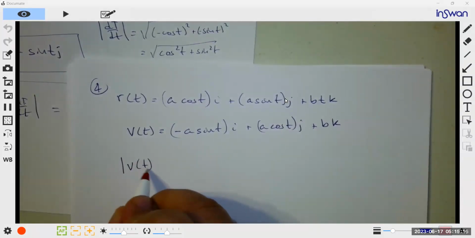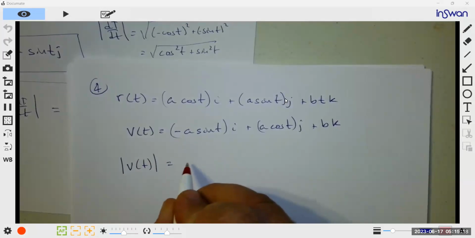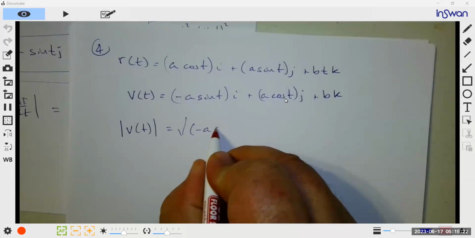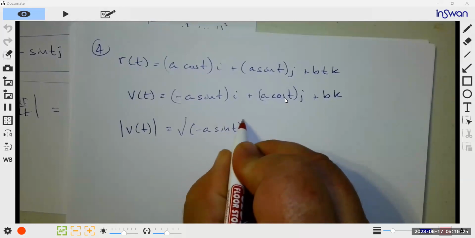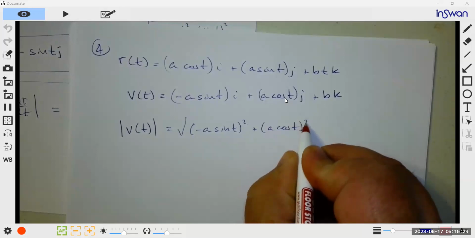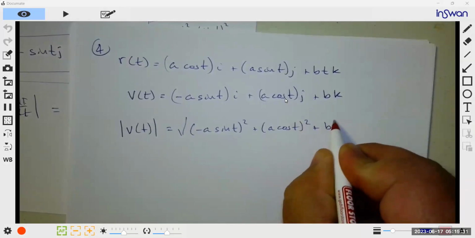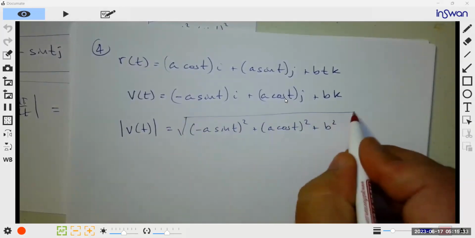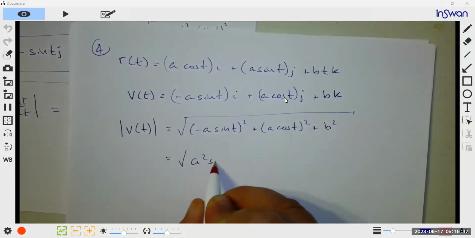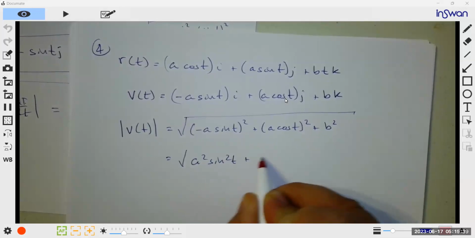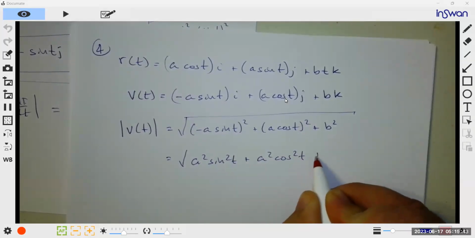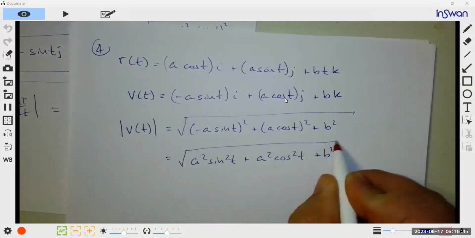The magnitude of v is the square root of negative a sine t squared, a cosine t squared plus b squared, which is a squared sine squared, a squared cosine squared plus b squared.